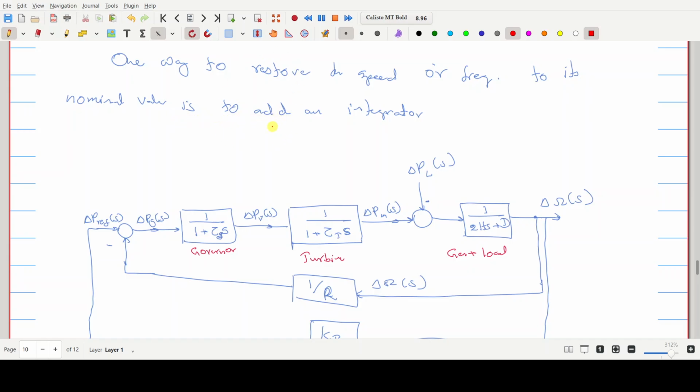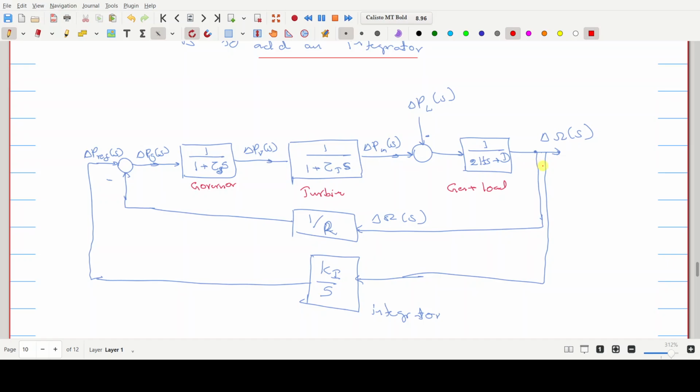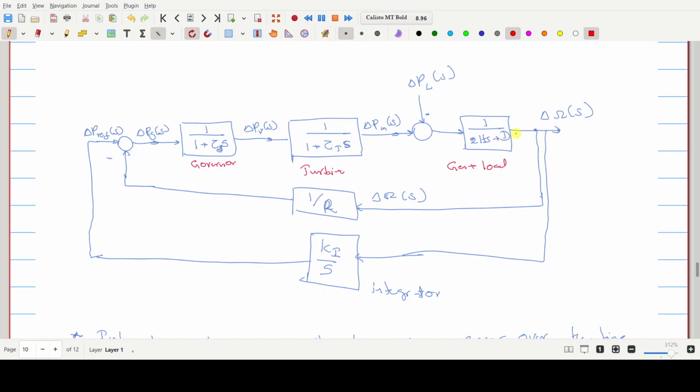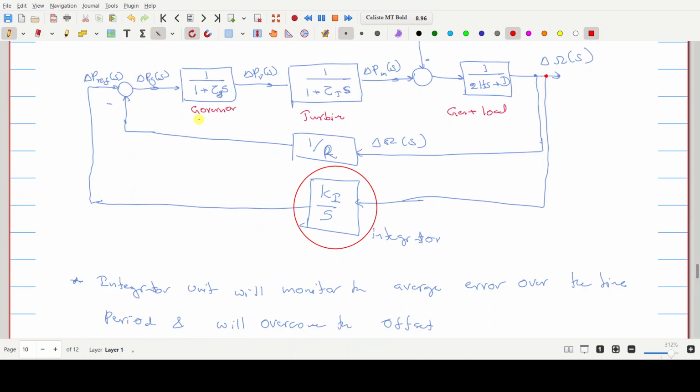So basically what you can do here is simply add an integrator to the loop, right? So we had this part as our control system earlier. Now we are adding the integrator here, ki over s, which is the transfer function, and that is used to create the reference from the speed signal of the generator.